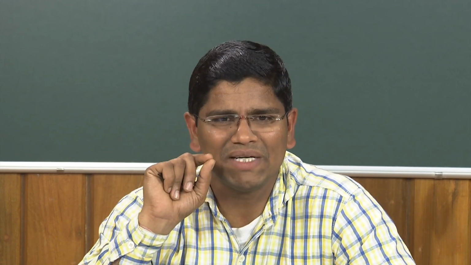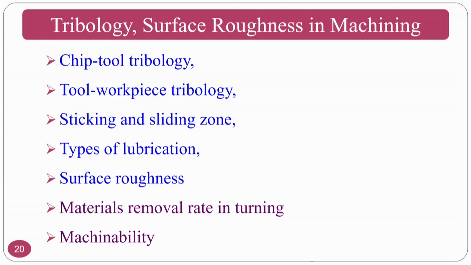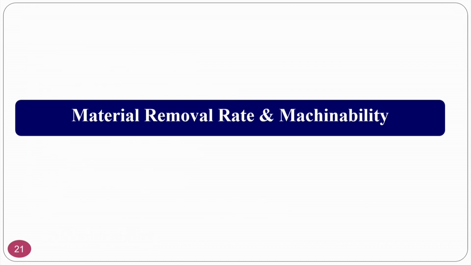I will just give you some introduction and then move on to the machinability aspects. Till now we have studied all these things, and now we are going into the material removal rate in turning operation with a single point cutting tool. Then we will follow with machinability.